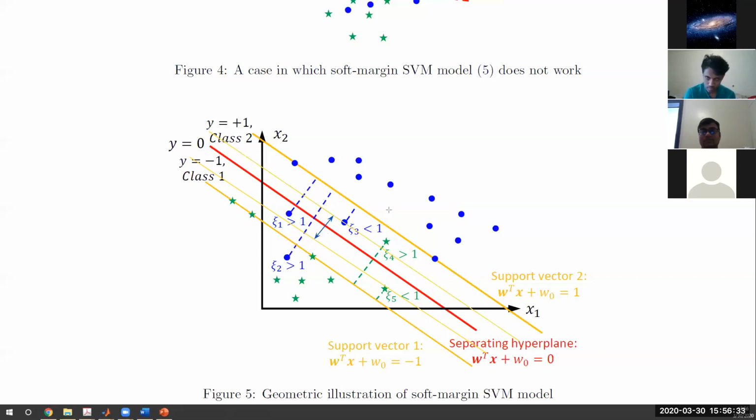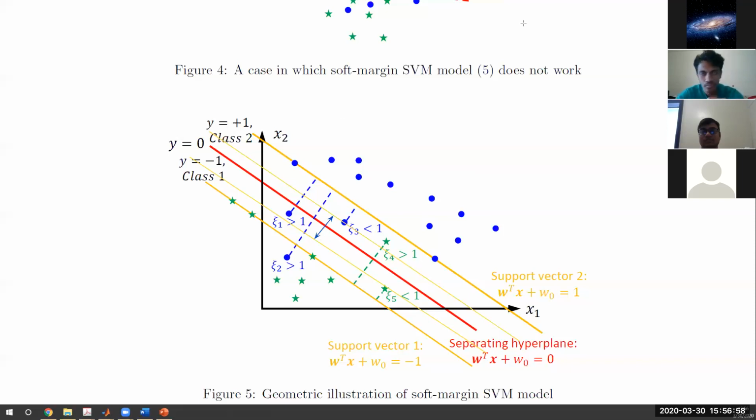There is a trade-off: you want the two classes to be as different as possible, so you have to tolerate this kind of violation. Or you don't want to tolerate this kind of violation, but the cost is that the difference between two classes will be small.